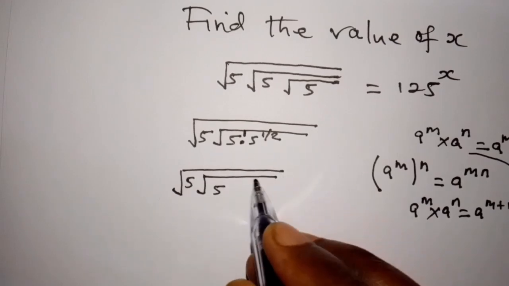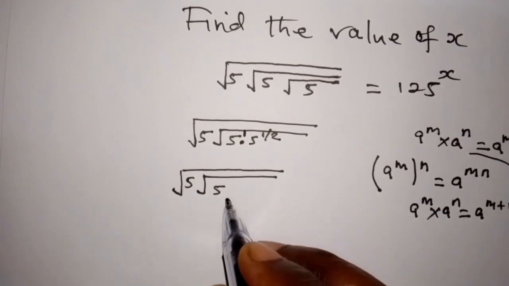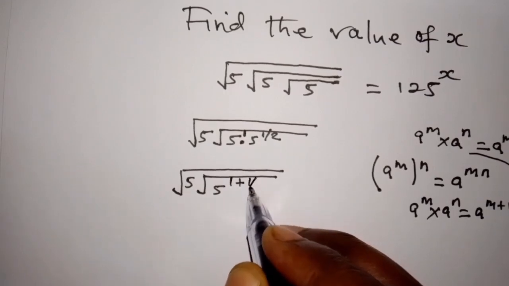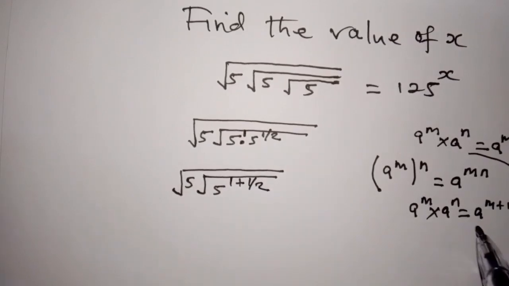We can write it as 5 power 1 plus a half, according to this rule here.